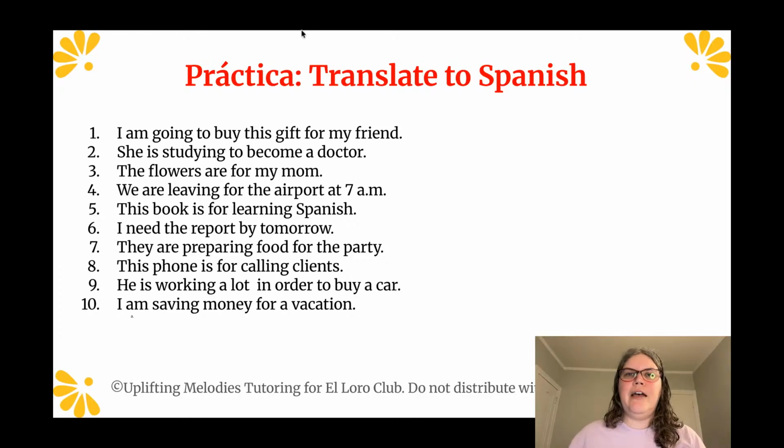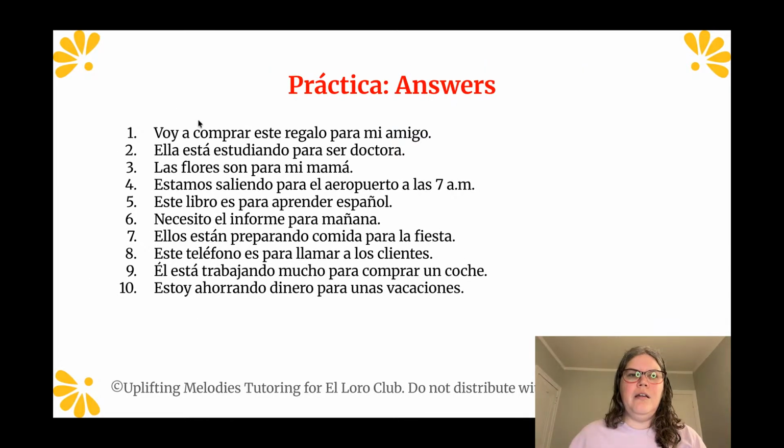So let's break this down. And I am again going to be flipping back and forth just so that you can see the answers as well as hear them. I know you might get a preview of the upcoming answers, but hopefully this is still helpful for you to be able to see them. So this would be, voy a comprar este regalo para mi amigo.